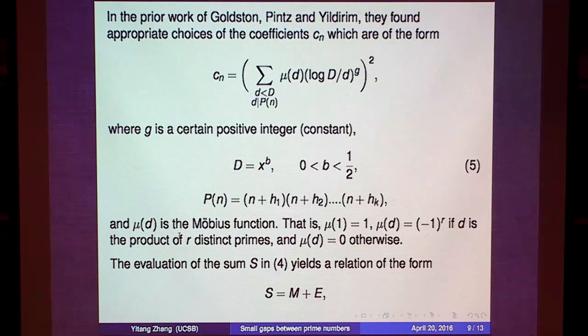But, like doing some experiments, usually the evaluation of the sums in our process yields a relation like this: S is equal to M plus E.